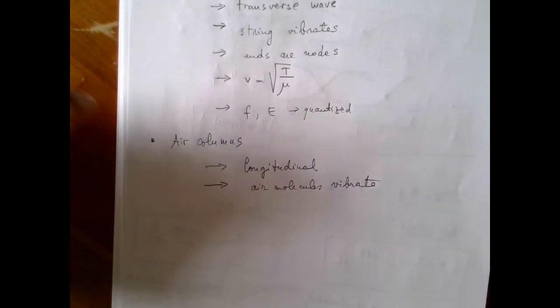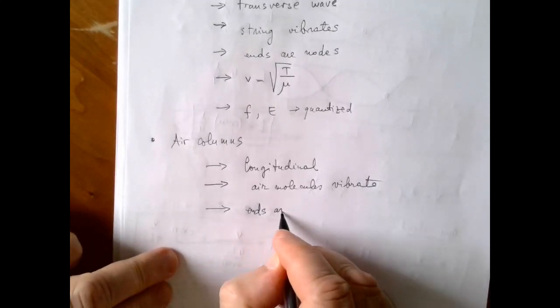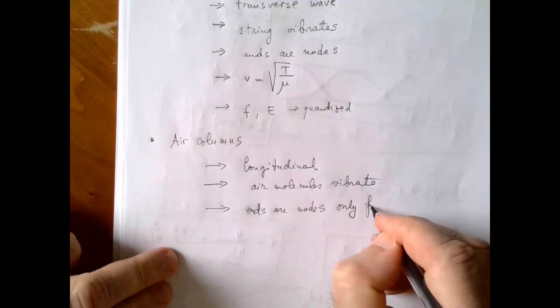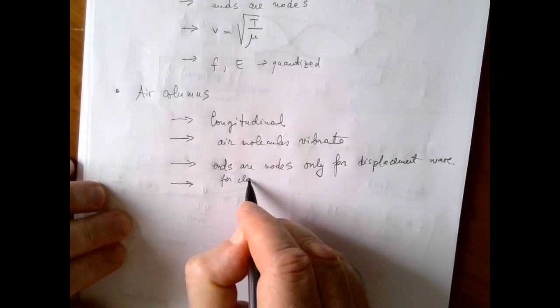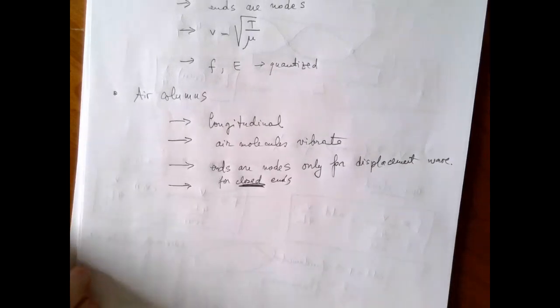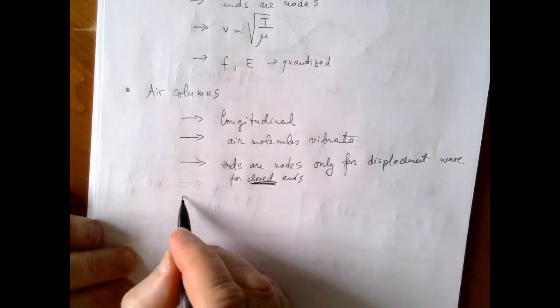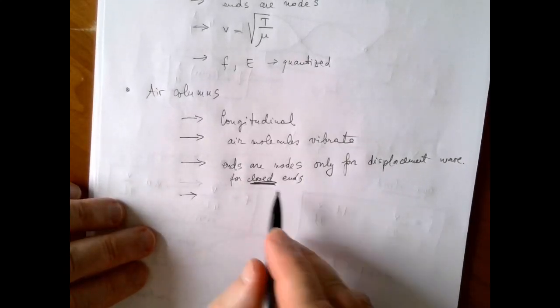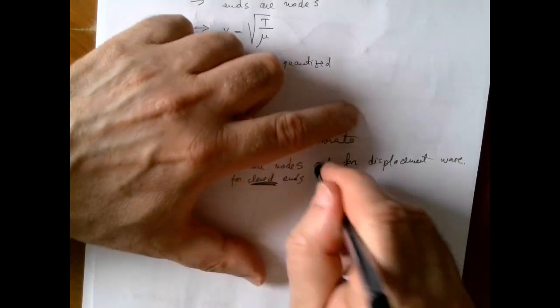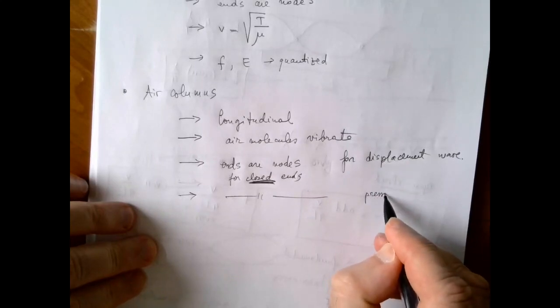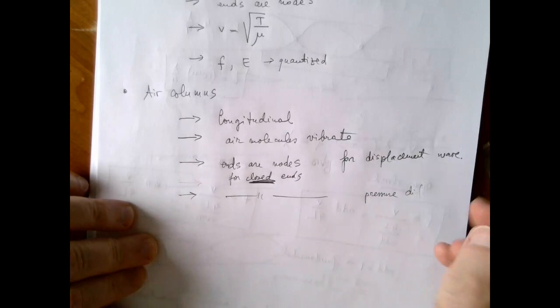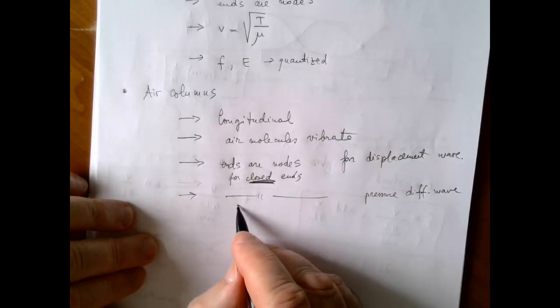The ends are nodes, or rather, ends are nodes for the displacement wave for closed ends, and something similar for the pressure difference wave for open ends.